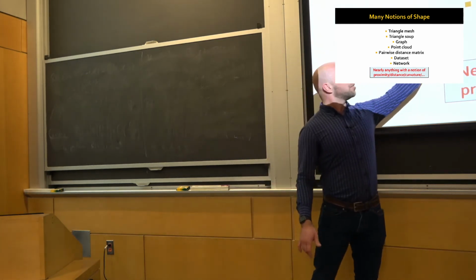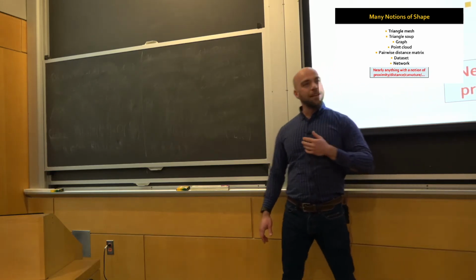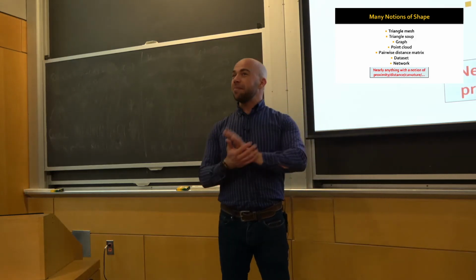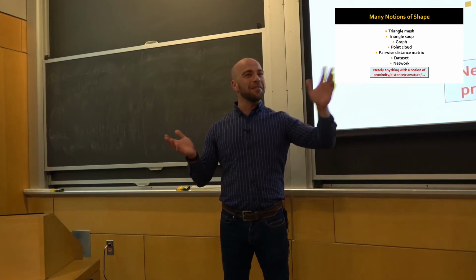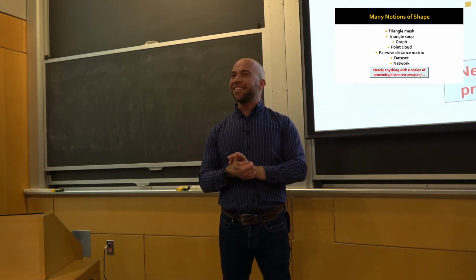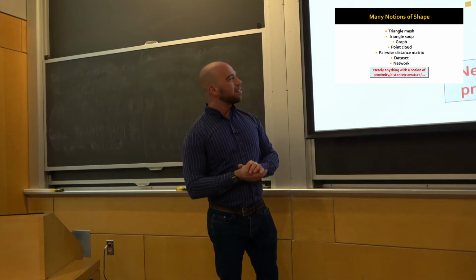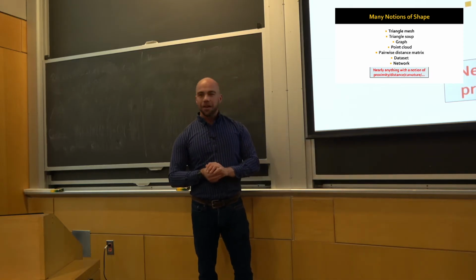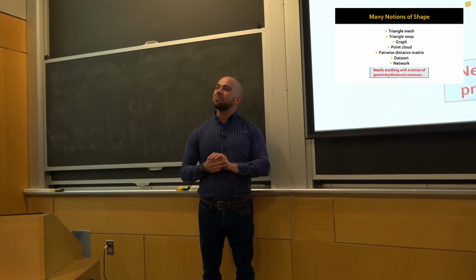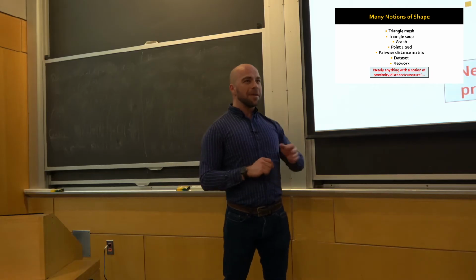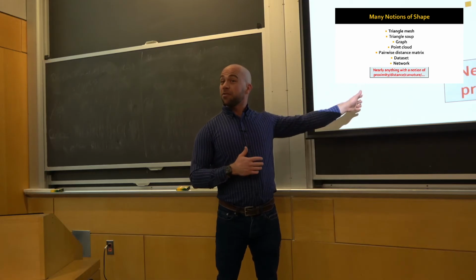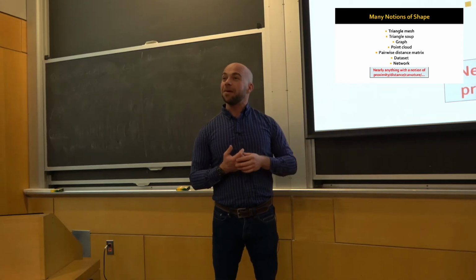In certain corners of CS theory, your only notion of shape is not even a list of points. It's just, I have 10 points and here's a matrix of distances between them, and that's all I have. Each of these is a different way to give your computer some notion of shape, but obviously translating this into an algorithm that makes use of these mathematical theories is going to require a lot of domain expertise in whatever area you care about.